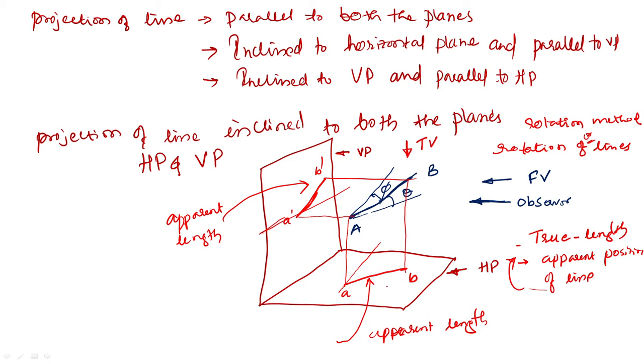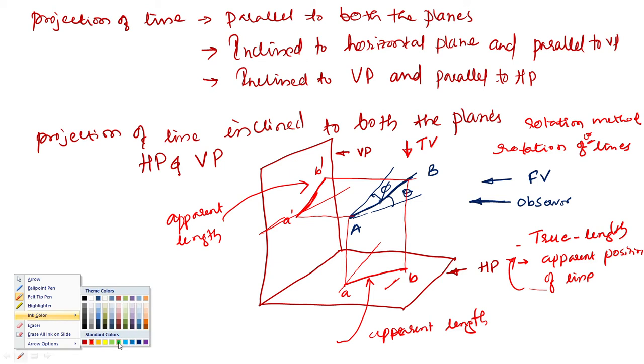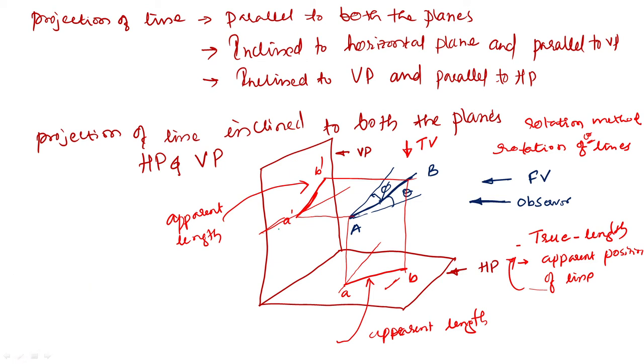Now based on the locus of the point A, you got the locus of point A here: locus of point A in front view, locus of point A in top view. Similarly, you are going to get the locus of point B in front view and locus of point B in top view. Right.